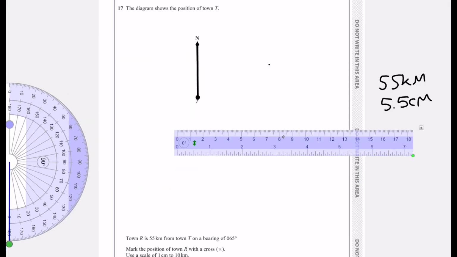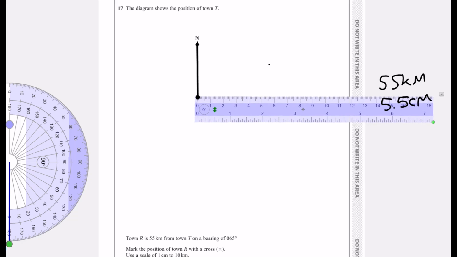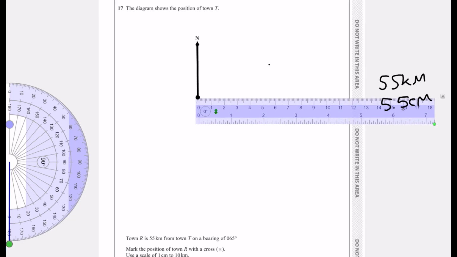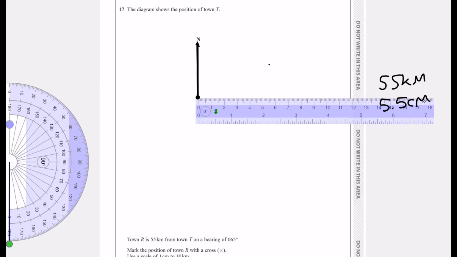Then I'm going to use the ruler. And again, we're spinning the ruler.